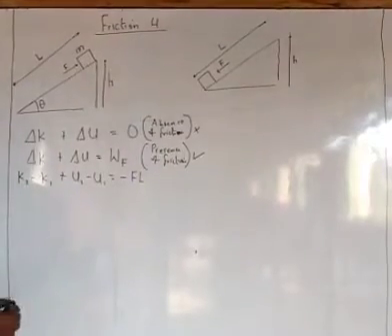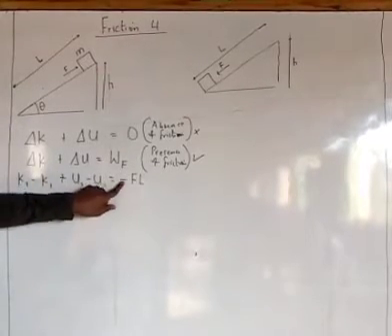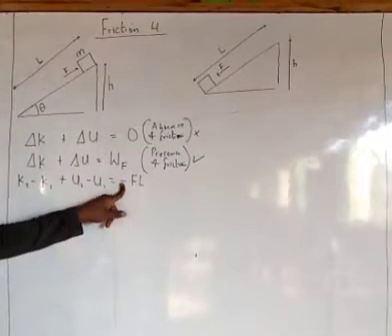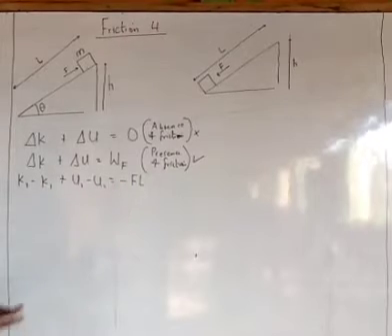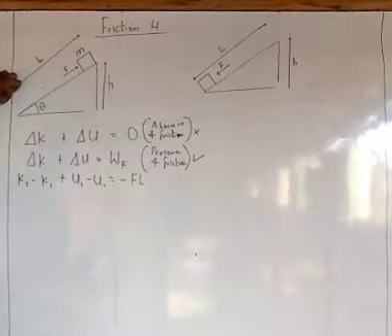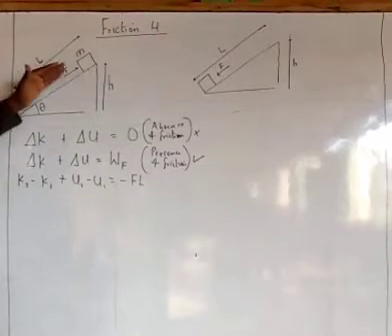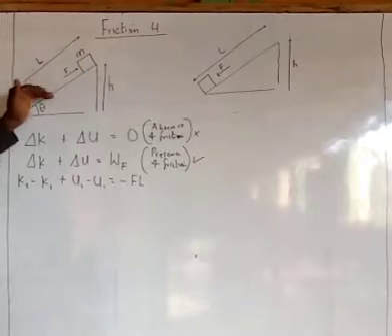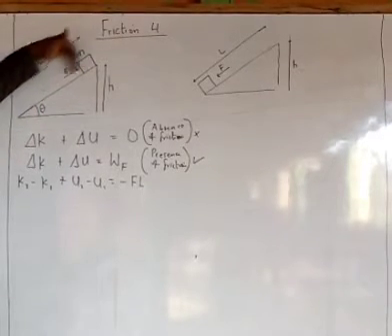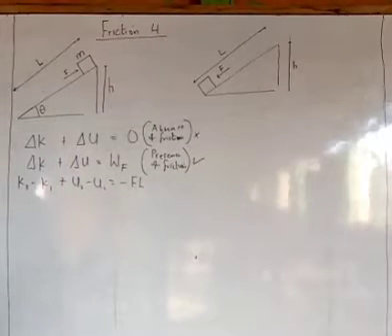So what is the reason for putting the negative sign here? The major reason is that, of course, the body is coming this direction, while frictional force is always this direction. So the frictional force is opposing the force that is bringing down the body. Therefore, it has to be in negative sign.